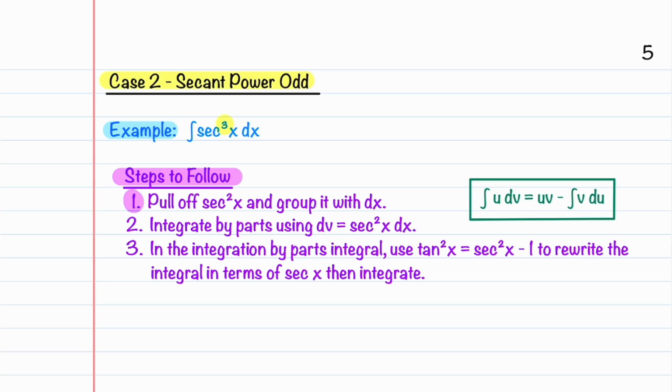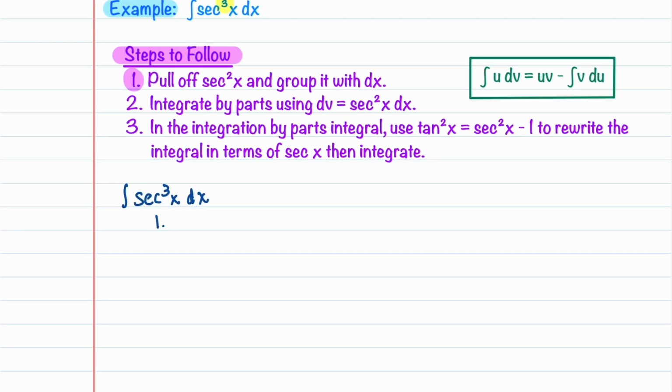Let's go ahead and do that. We have the integral of secant cubed x dx. And in our first step, we are going to pull off a secant squared x and group it with dx. So that leaves us with one secant x, and then we have secant squared x dx.